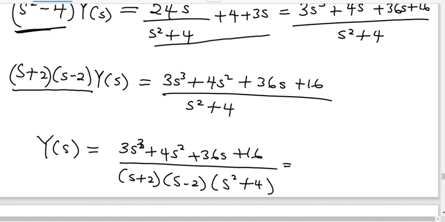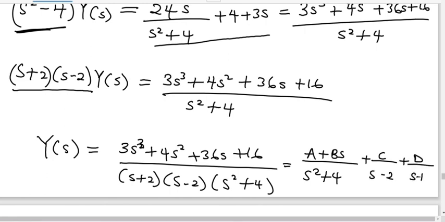We want this to be in this form: a plus bs all over s squared plus 4, plus c over s minus 2, plus d over s plus 2.